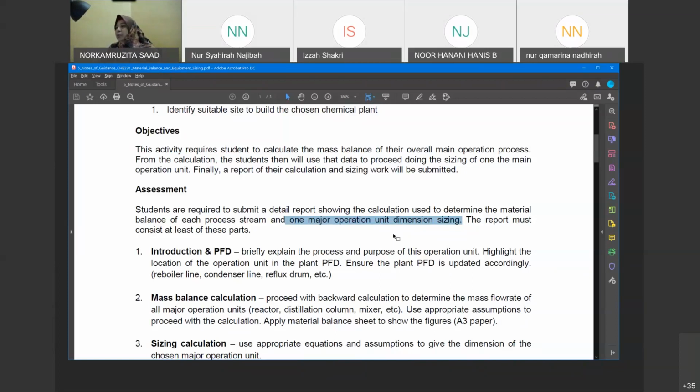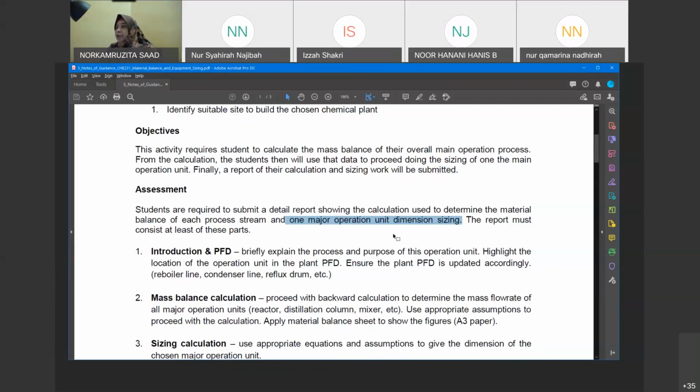You cannot control the number of trays or the number of stages in the column, but you can still determine first what would be the number of trays involved if you have one condition of the feed, and then reflux ratio and the purity of your product. So you can calculate the theoretical number of trays that you have.